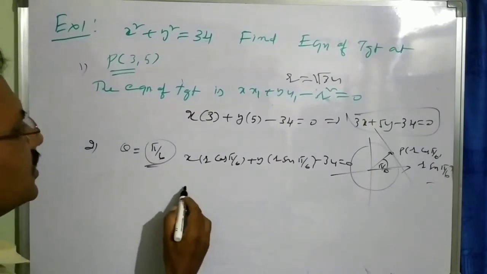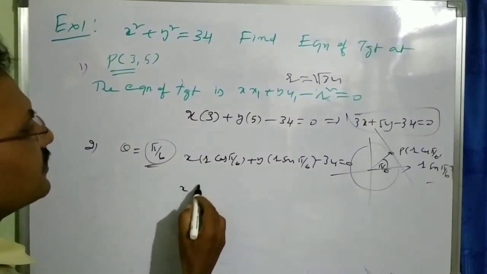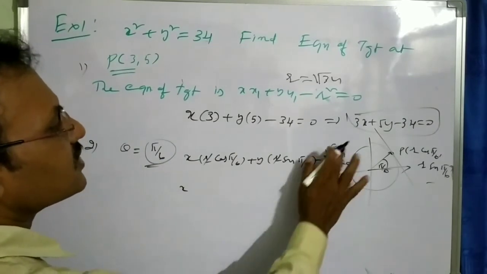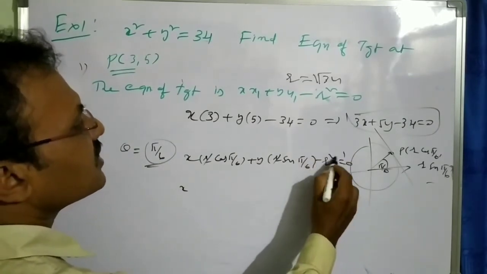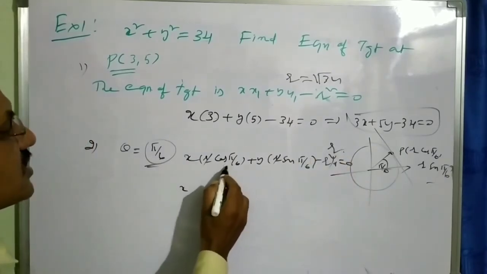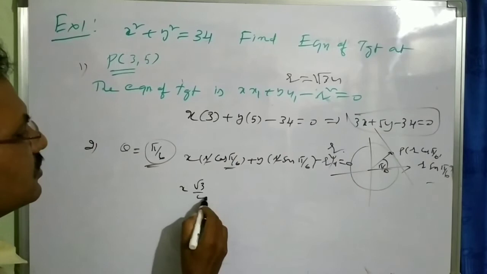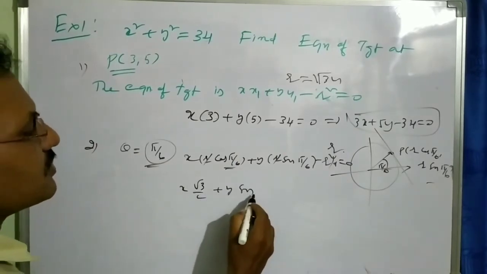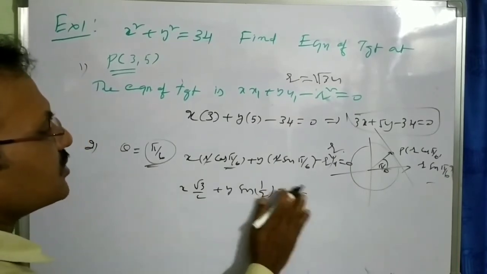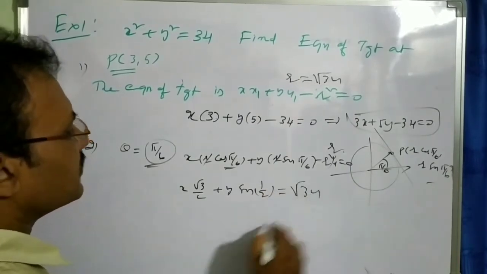So here x into root 34, if you write root 34 as r, r times r is r square, which goes to r. So what happens: x cos pi by 6, root 3 by 2, plus y sin pi by 6, into 1 by 2, is equal to r. r means root 34.